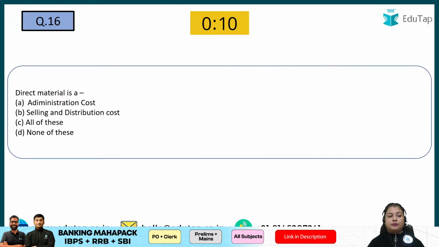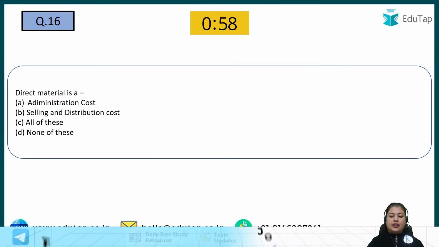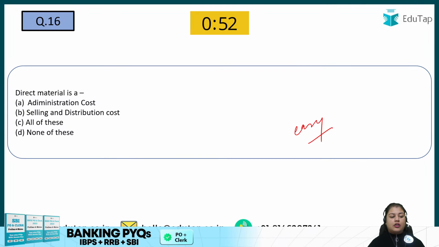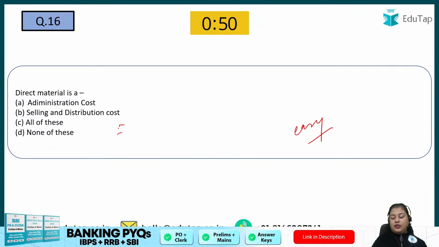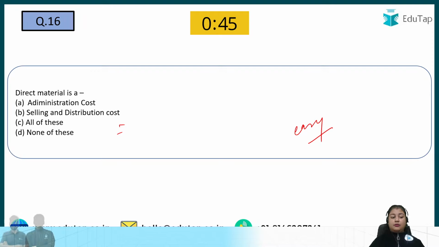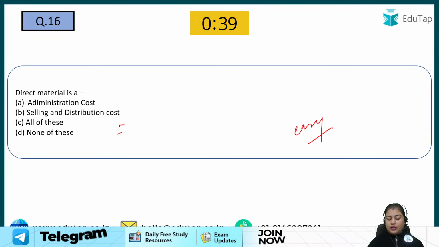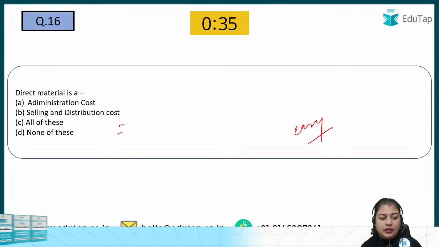Okay, next is question number 16. Very easy question again. Direct material is an administration cost, selling and distribution cost, all of the above, or none of these. What will be the correct answer? When I talk about direct material, what will be the answer?